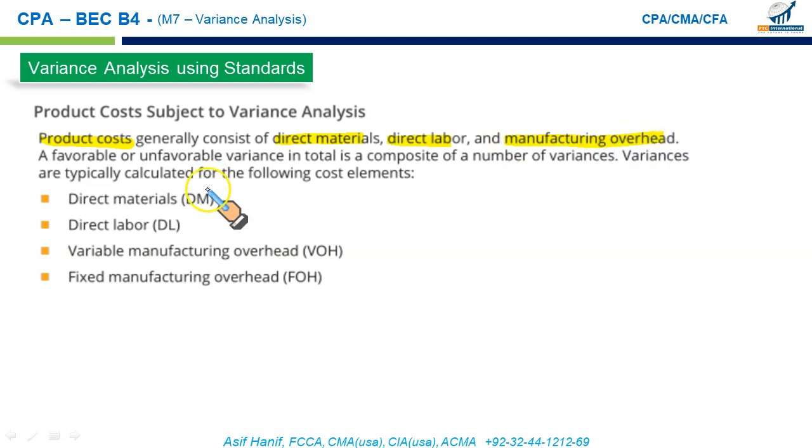So we will be calculating variances for direct material, labor, variable overhead, and fixed overhead. I will give you few formulas and you will learn those formulas, and you can solve any question on variances from any software, any learning system across the world.